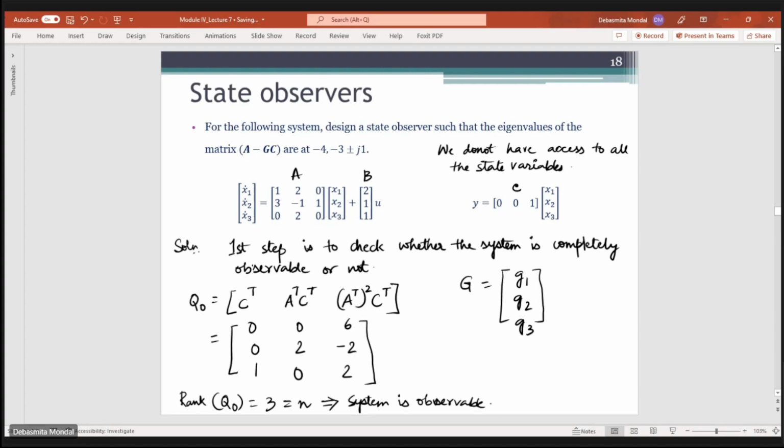What we need to do is find the eigenvalues of the matrix A minus GC and equate those with the given values, and then you will find the values of G1, G2 and G3. You can simply write GC equals G1, G2, G3 multiplied by C, where C is 0, 0, 1.